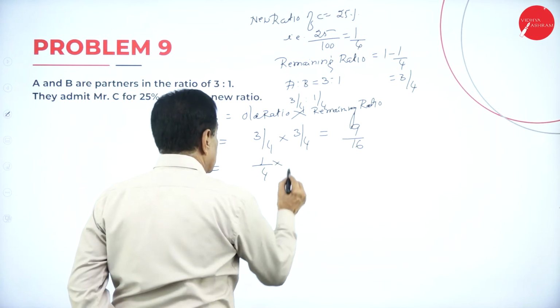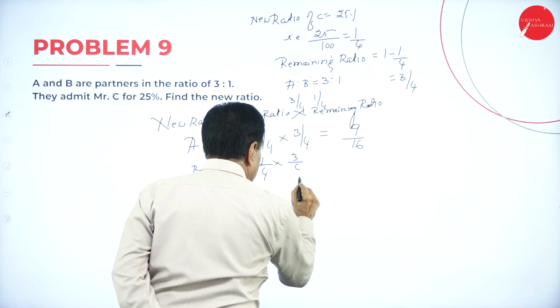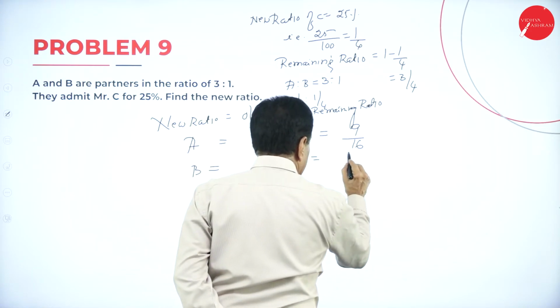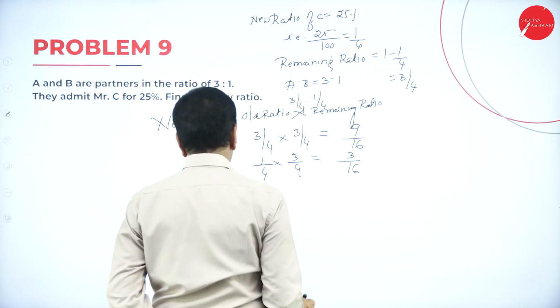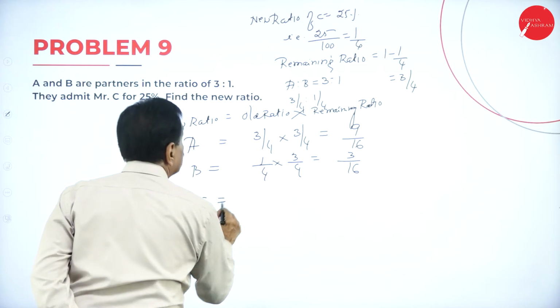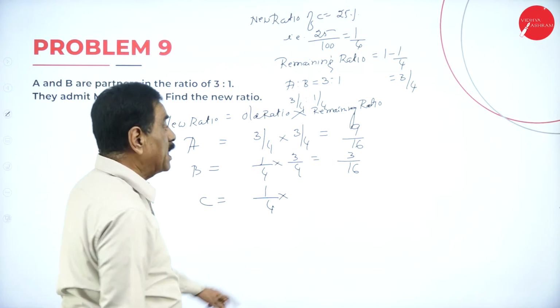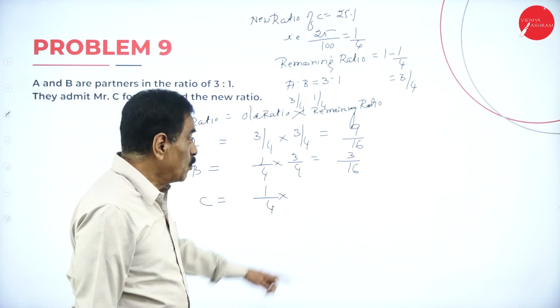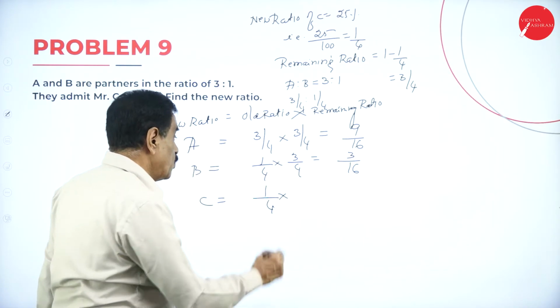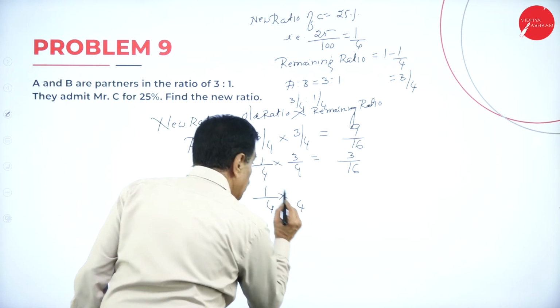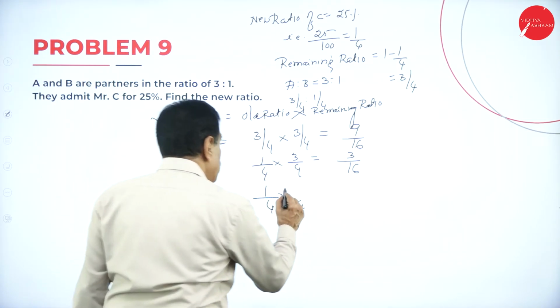Remaining ratio 3/4. Multiply, 3/16. C. What's the new ratio given? 25%, 1/4. What's the LCM here? 16. To get the 16, it should be multiplied by 4, divided by 4.